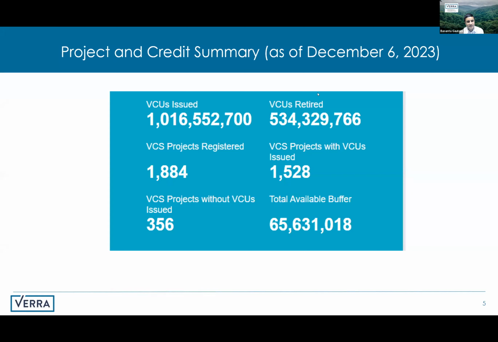And as you can see, there are more than 1,800 projects registered, and also more than 1,500 projects which issued VCU so far. And there are other numbers that you can see: the VCU issued, the VCU retired. So as I said, for more information, please do visit the registry page, registry.vera.org. Next slide, please.